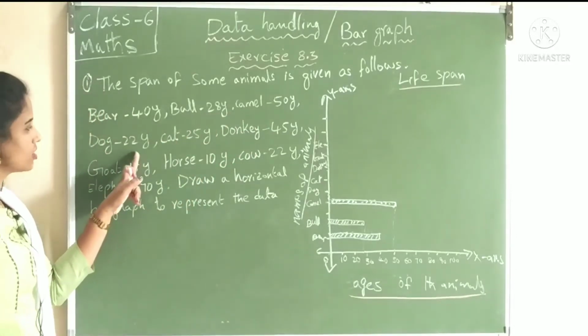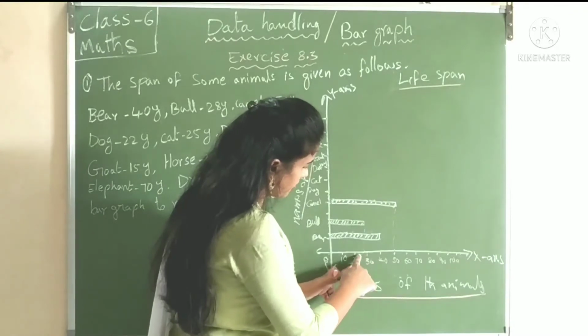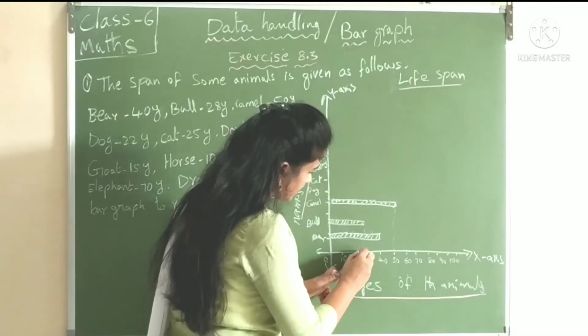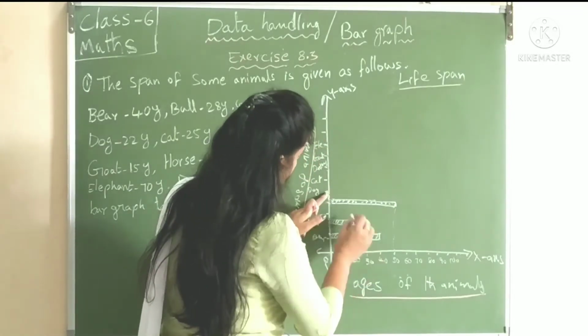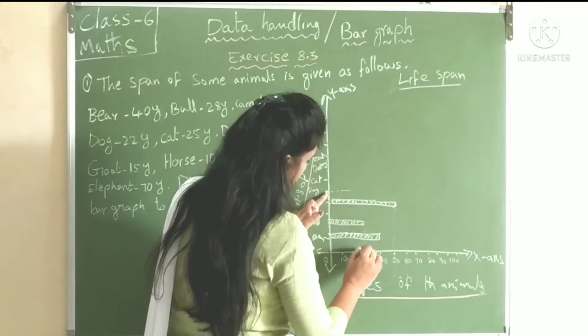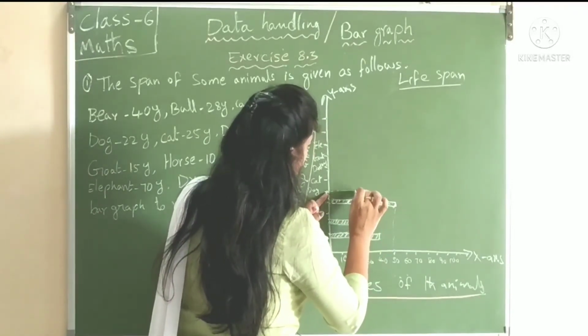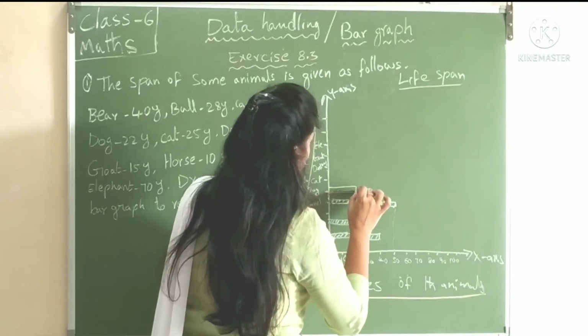And dog has 22 years. Where is 22? Between 20 and 30 there is 22, so 21, 22, right here. And dog, take 1 inch width.